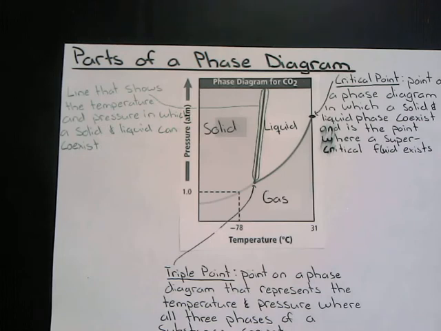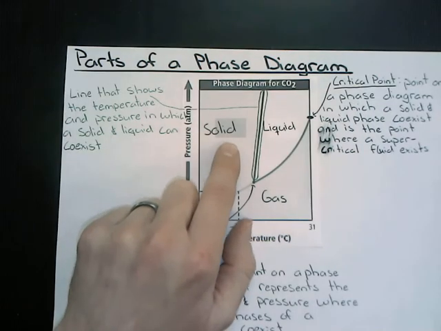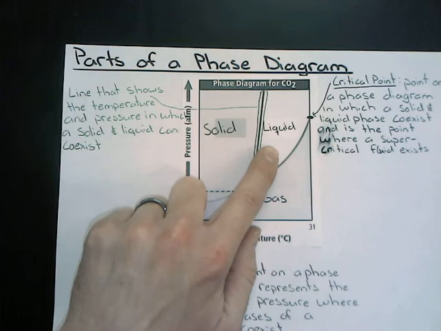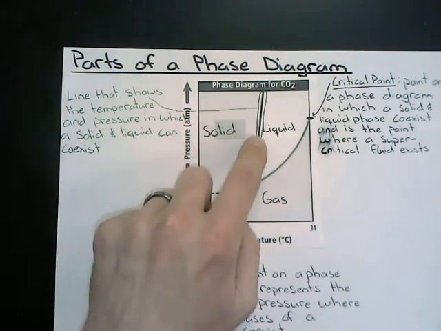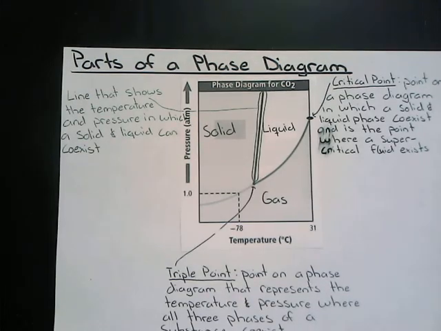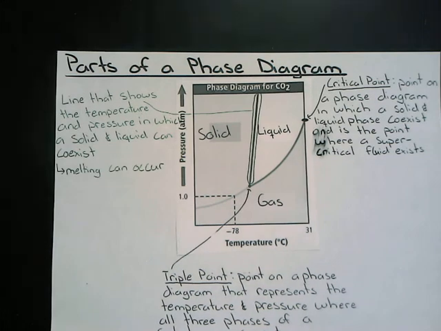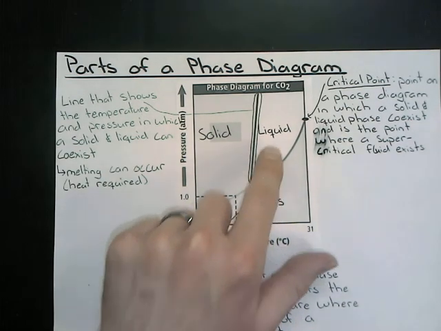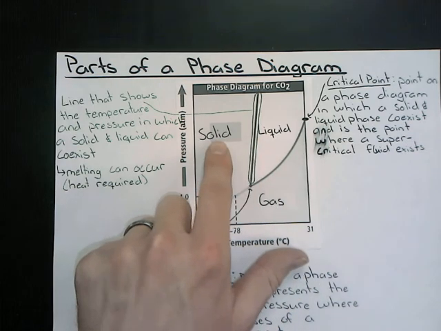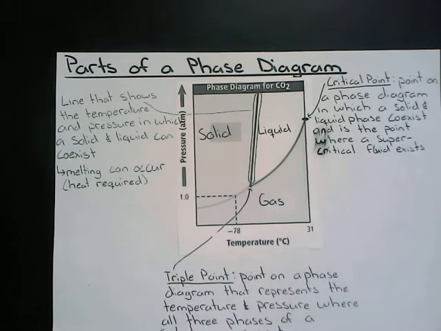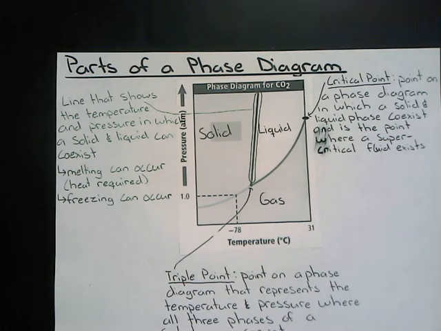And so if we think back to our phase changes here, going from a solid to a liquid is going to be melting. So this line here is the point at which melting can occur. And remember, with melting, heat is required. But also at this line, if we go from a liquid to a solid, that is the point at which freezing can occur. Now with freezing, heat is released.